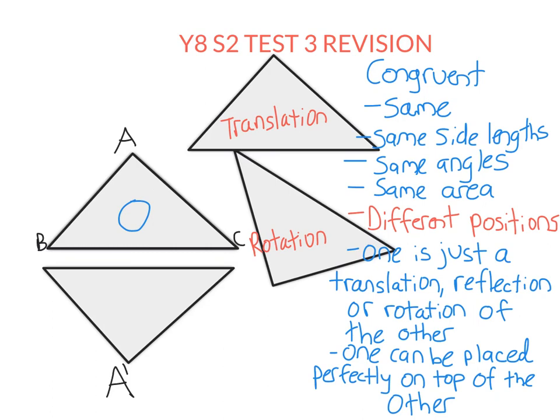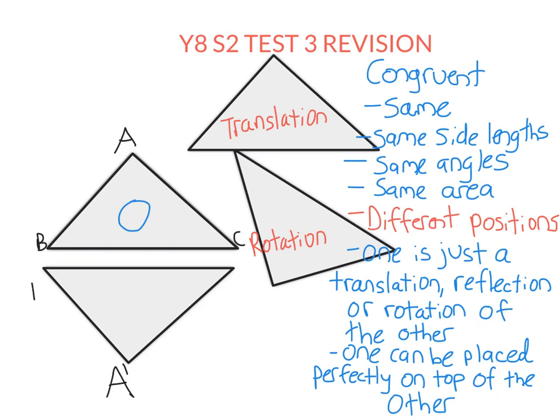Now, if I reflect the shape, the vertices will be reflected, and if I rotate the shape, the vertices will be rotated. So if I rotate the shape, turn it, then C will end up here and B will end up there. So that's if I rotate the shape, if I turn it. However, if I reflect the shape, the vertices will be reflected.